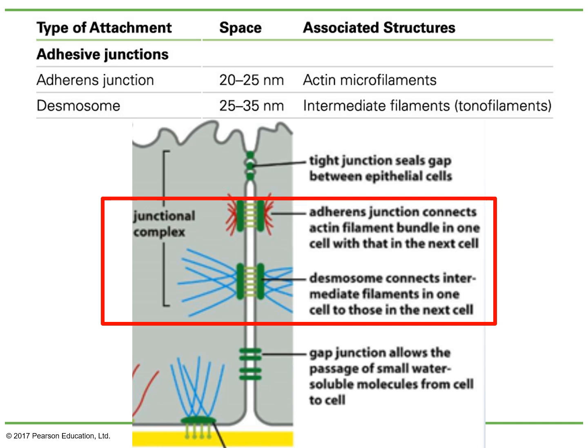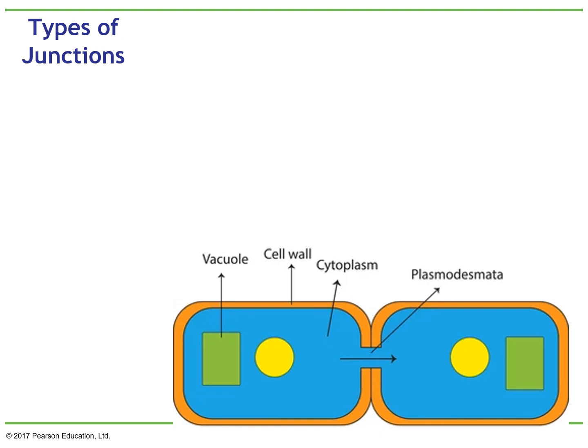So this one is the adherent junctions, here are the desmosomes. The desmosomes will have intermediate filaments. The adherent junctions will have actin, okay? And if you see, other ones will also have intermediate filaments, and others will have actin, and we will talk about that later.